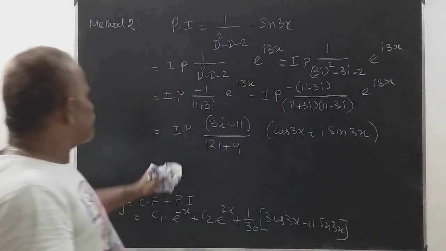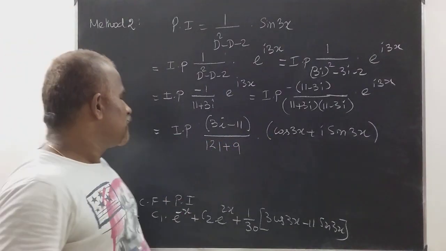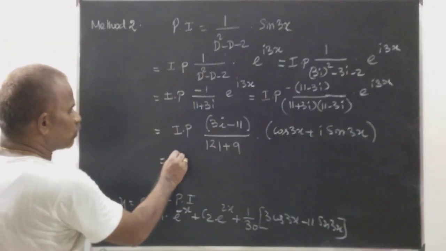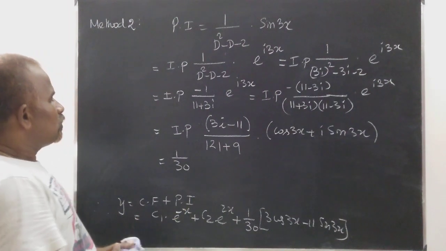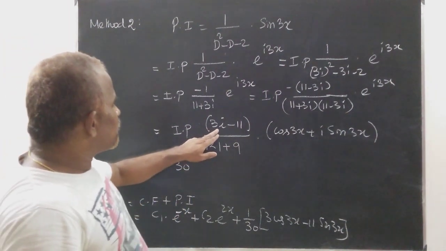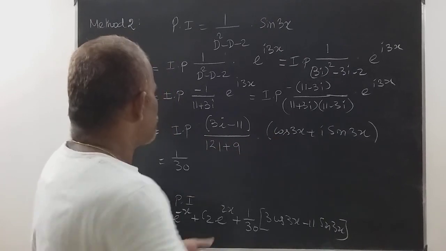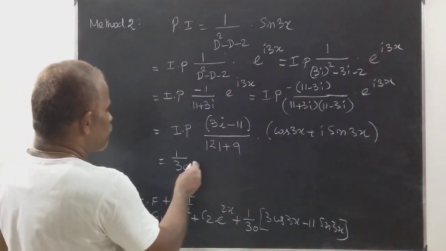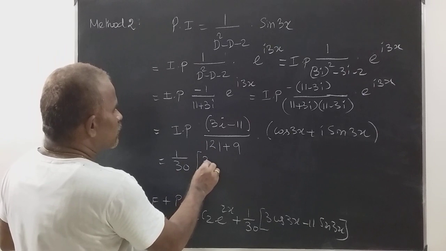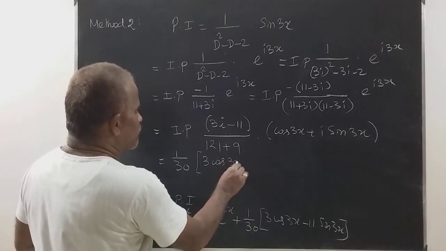So actually we need the imaginary part of this. So this is equal to 1 by 130. So when we multiply by 3i into cos 3x, I will be getting the imaginary part. So therefore I can write 1 by 130 into 3 cos 3x.